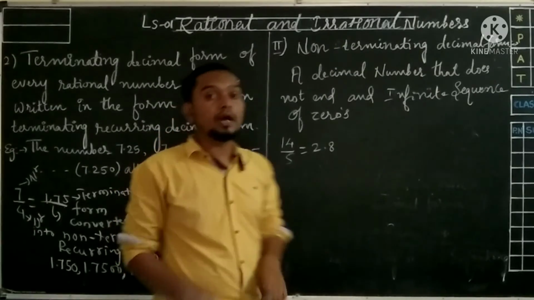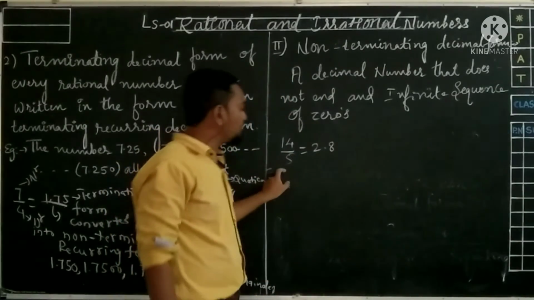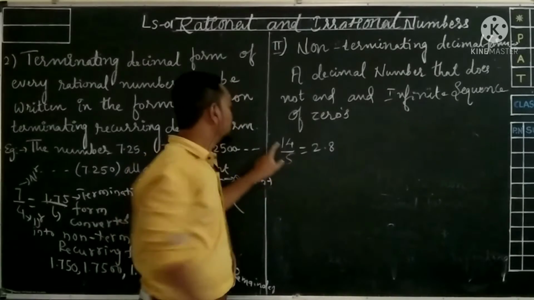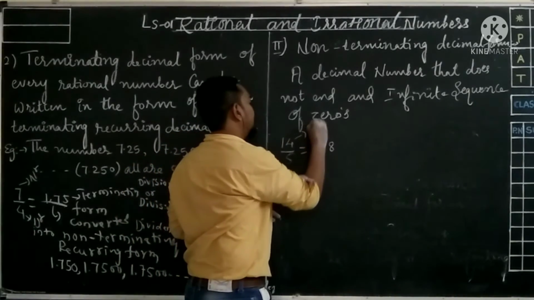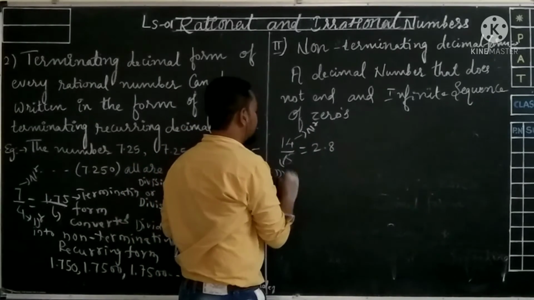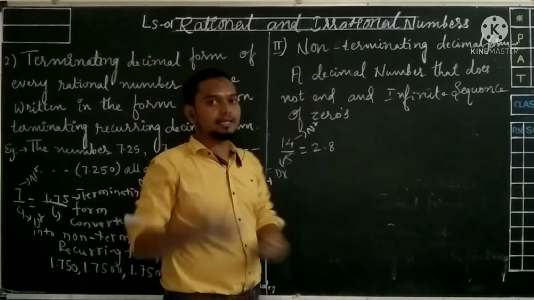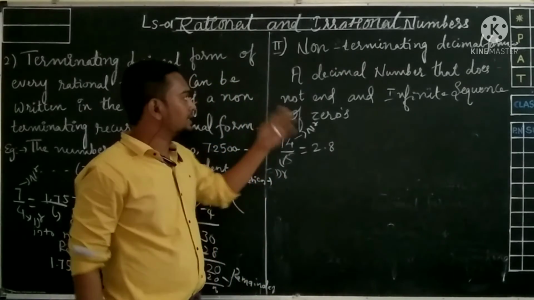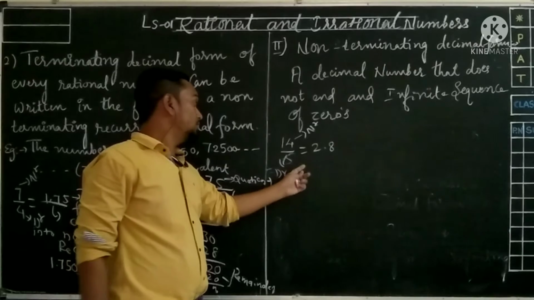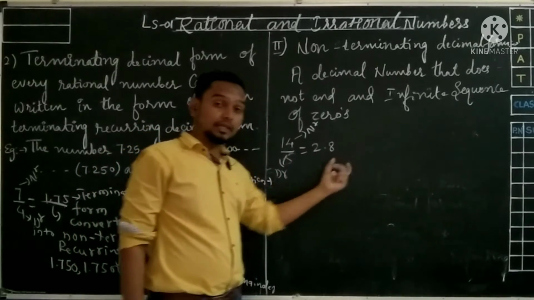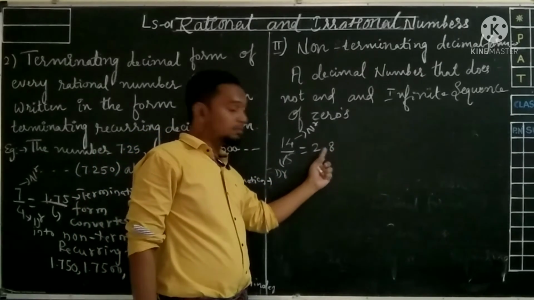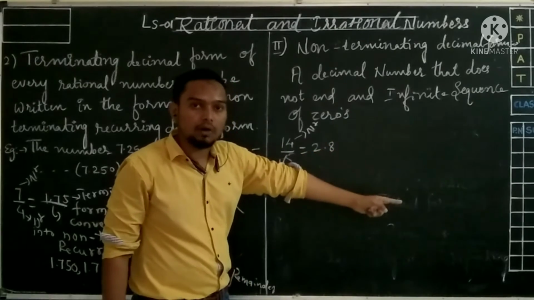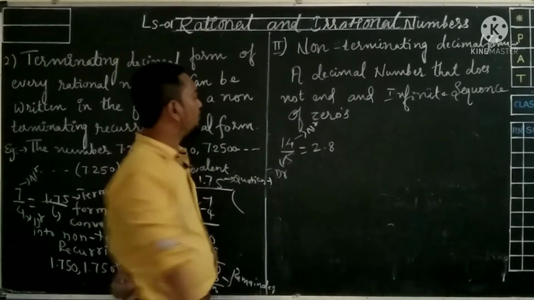Here also we are taking a terminating point. This is considered as the numerator and this one as the denominator. 2.8 is a terminating rational number. Now we will convert the terminating decimal form into non-terminating decimal form.